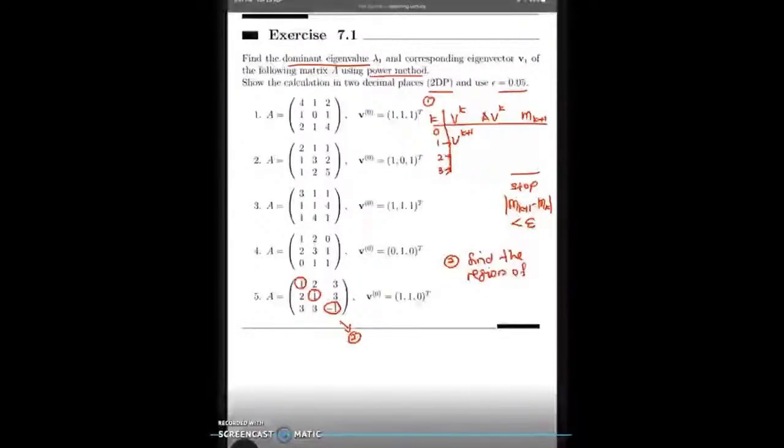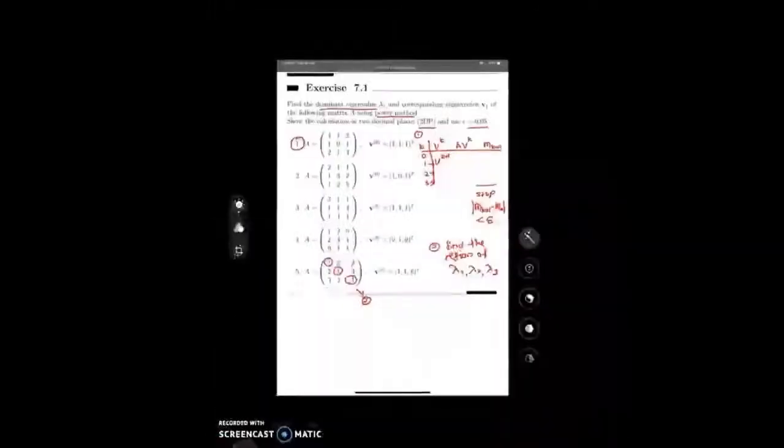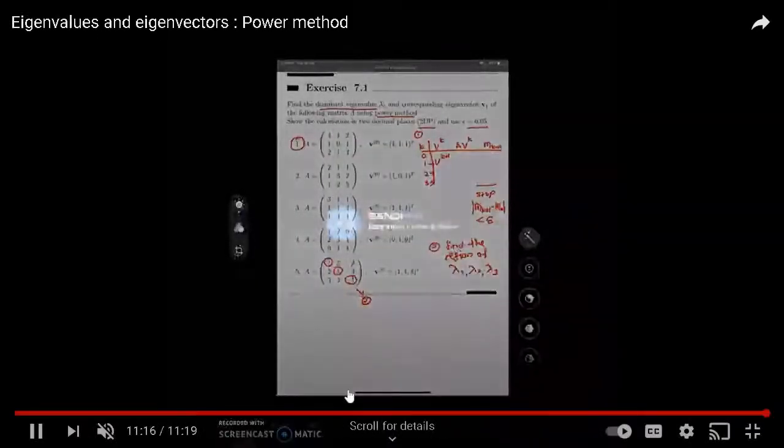Find V naught, an initial value of V, and then generate the matrix AVk. From AVk, you can get the maximum value, put it as M(k+1), and then do the process of power method again. Stop the iteration when M(k+1) minus M(k) is less than epsilon. You are going to apply this strategy.